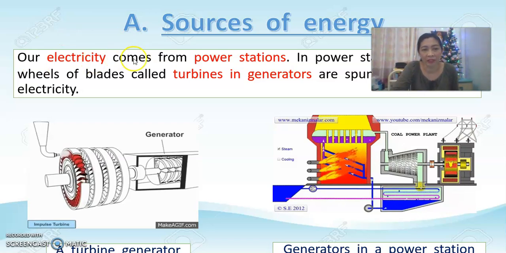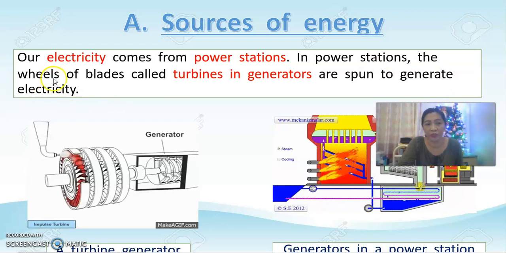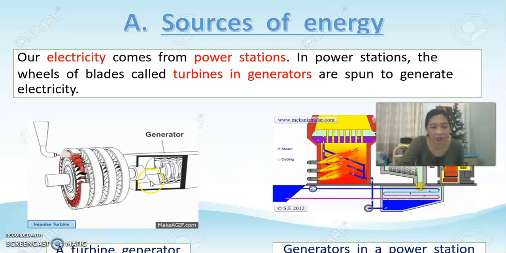Electricity comes from the power station, which has wheels with blades called turbines and a generator. This is a turbine generator. When the generator is running, it generates electricity.